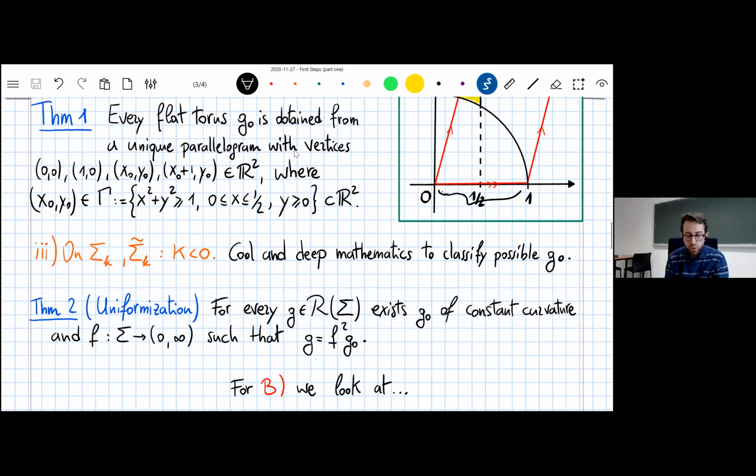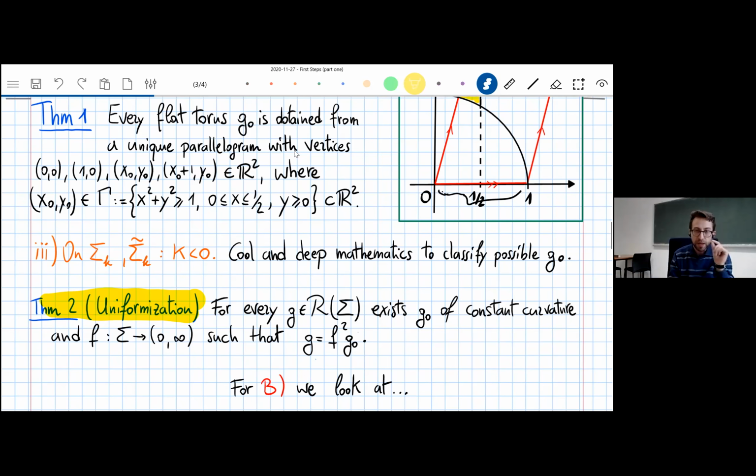But what we now want to stress is that knowing these particular types of metric tells us something also about general metrics. And this is because we have the so-called uniformization theorem. That basically says that if I take another metric G on my surface, then I will always find a metric G0 of constant curvature, like the one I described before, and some scaling factor f, which might depend on the point, such that G is, up to this scaling factor, G0. So just take G0 and scale it at every point in a different way.